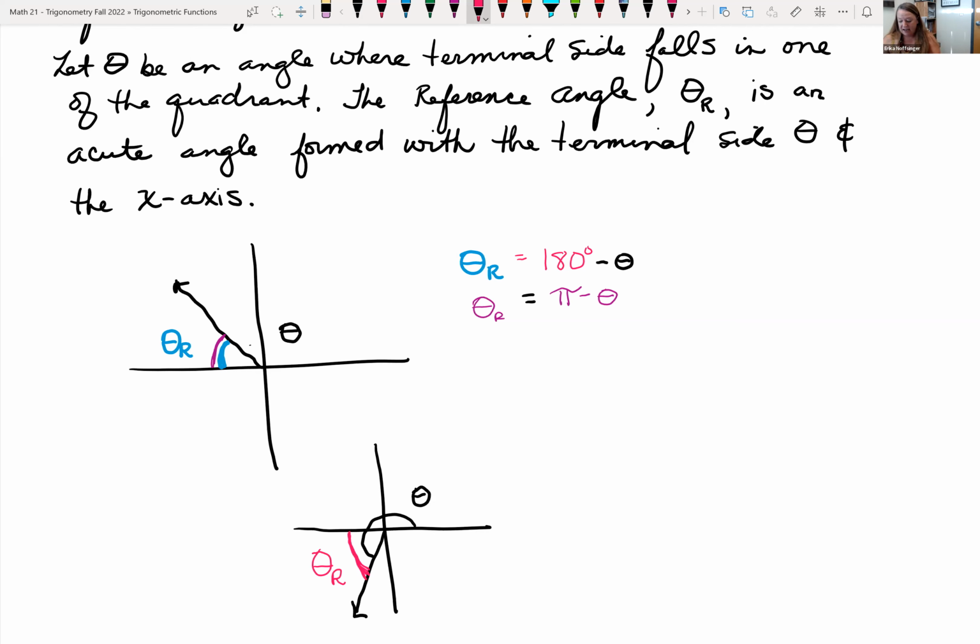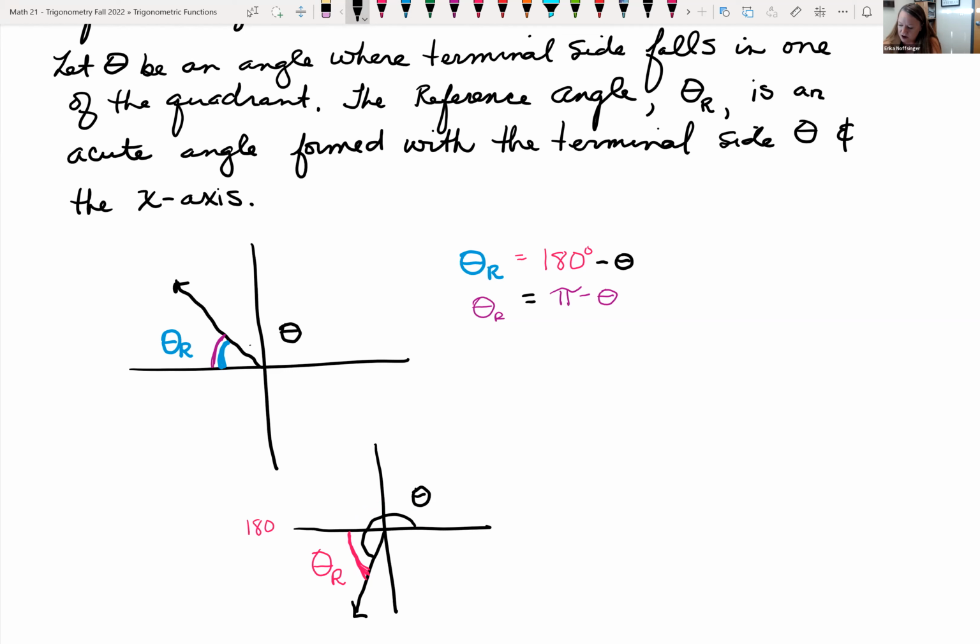So if we take this whole angle that would get us to this terminal side minus this angle here of 180 degrees, if we subtract off that 180 degrees, we would get that little piece that we want.